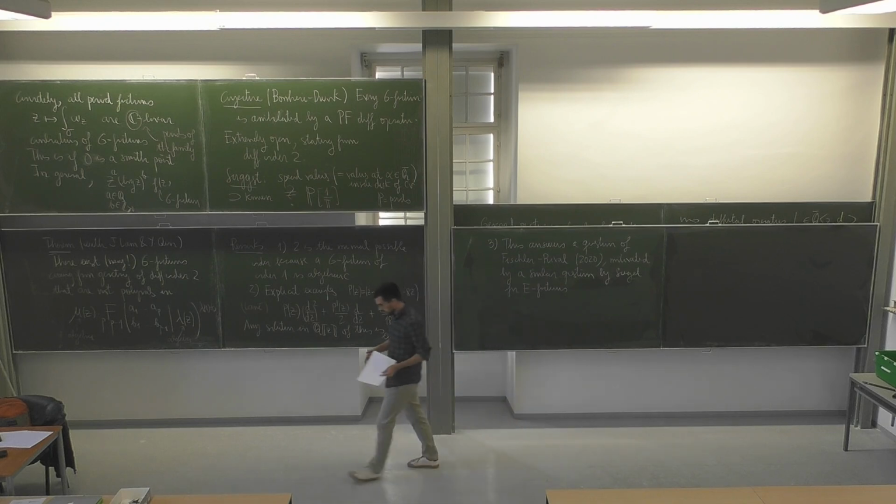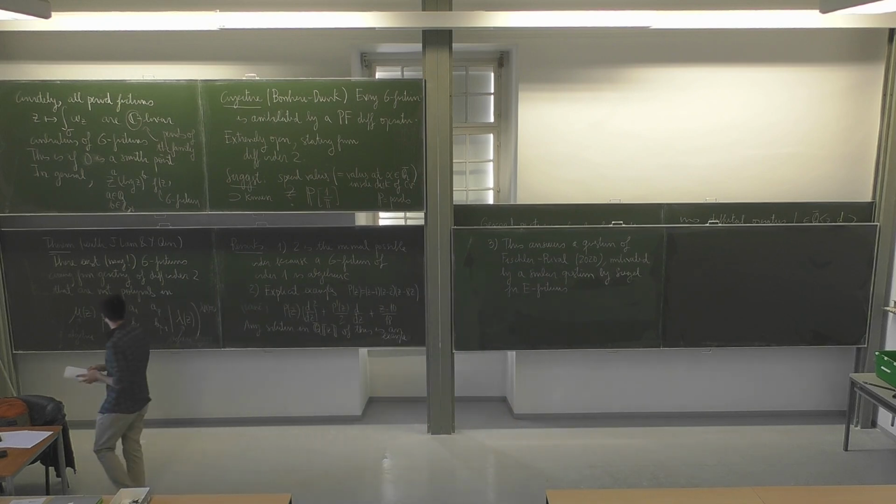And now we know, so this is something I proved with Peter Jossen, we know that there exist E functions of differential order 3, and 3 is the minimal possible, which are not polynomials in hypergeometric series.